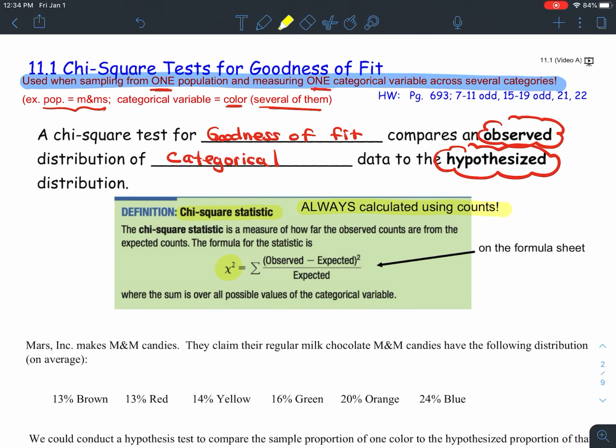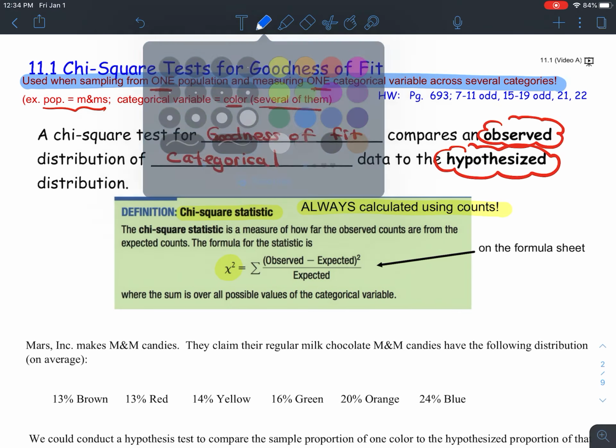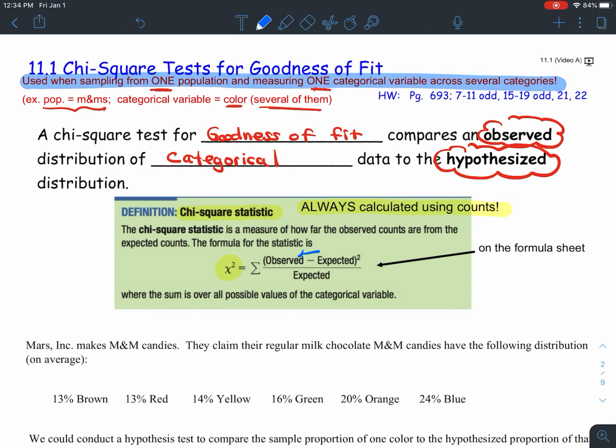It is always calculated using the counts. And again, I'll demonstrate what I mean by that. When we see this observed minus expected squared divided by expected, that is talking about the counts. How many of those things are you expecting to see in your sample? And how many of those things did you actually observe from your sample? You'll notice this formula is on the formula sheet.